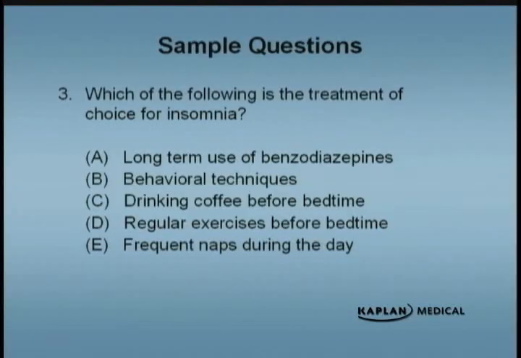They can cause tolerance, withdrawal, etc. So if you use benzos, you shouldn't use them for more than 2 weeks, but that is not the ideal treatment. Drinking coffee before bedtime is not going to help with your insomnia. It's actually going to contribute to insomnia. Exercise before bedtime and naps during the day are also going to interfere with normal sleep. So the correct answer is B, behavioral techniques.